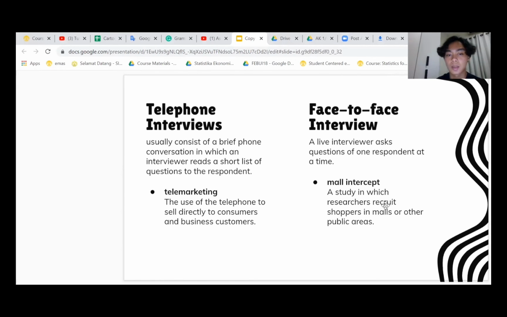It's also called telemarketing, the use of the telephone to sell directly to customers and business customers. And then we have the face-to-face interview. A live interviewer asks questions of one respondent at a time, so it's face-to-face. An example is the mall intercept, a study in which researchers recruit shoppers in malls or other public areas.